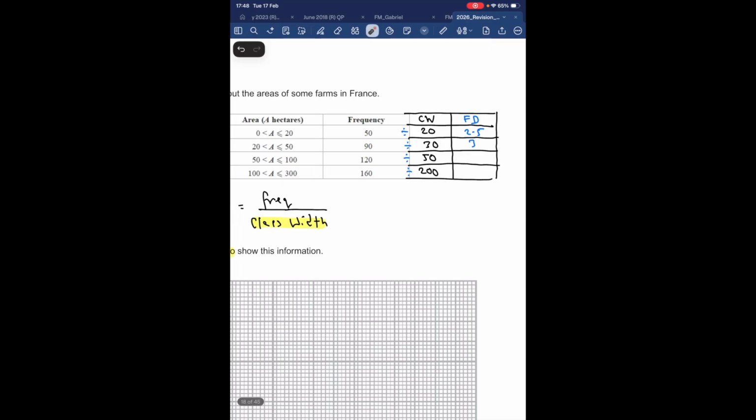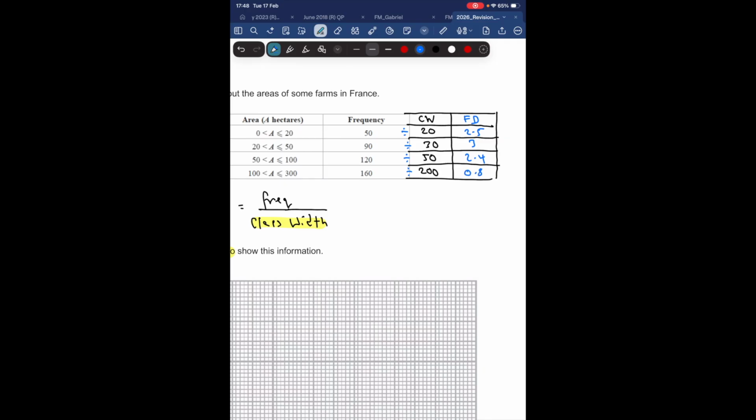The next frequency density is 120 divided by 50, which gives me 2.4. And finally, the last one is 160 divided by 200, which gives me 0.8 as the last frequency density.